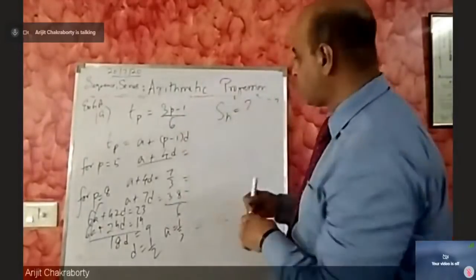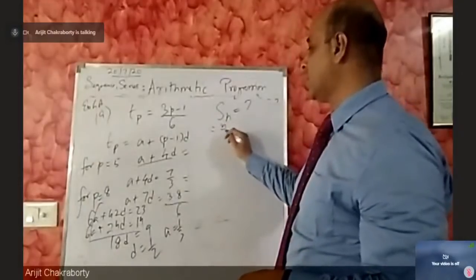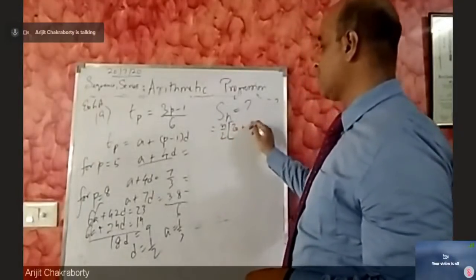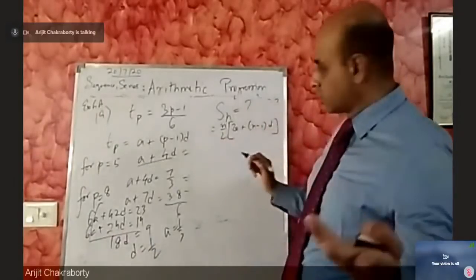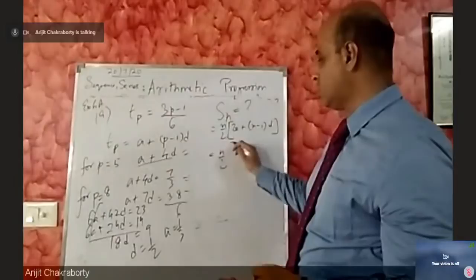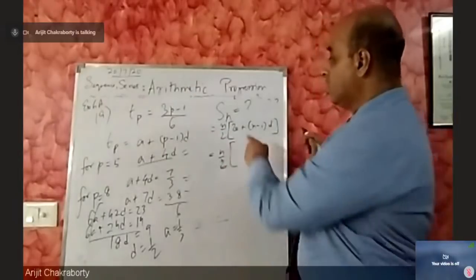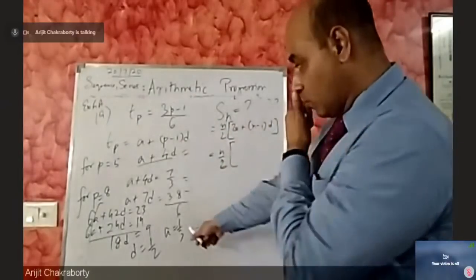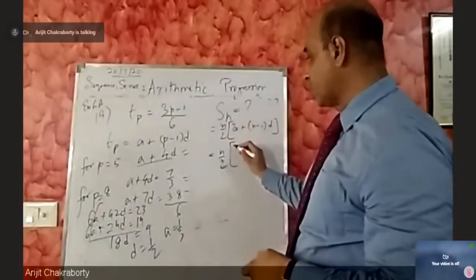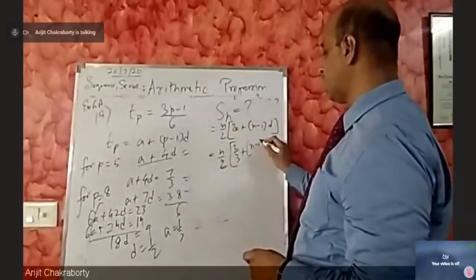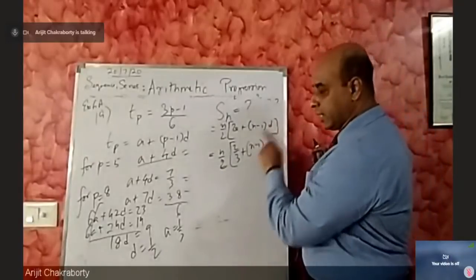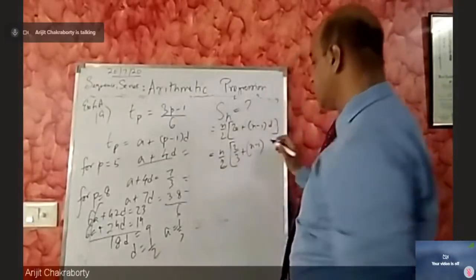Just quickly recollect the formula. Sum is equal to n by 2, (2A plus (n minus 1) into D). So here n we don't know, so we write n by 2, 2A. Now A has come to 1/3, so 2 into 1/3, 2 by 3 plus (n minus 1) into D. D has come to half, so this is half.